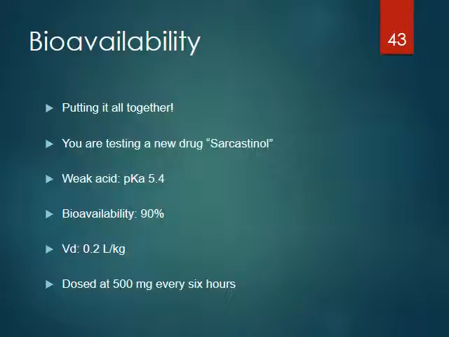Remembering what we said before, is this a high or low volume of distribution? Well, in this case, it would be low because it's less than 1 liter per kilogram. And the package insert says that the dose is going to be 500 milligrams every 6 hours.